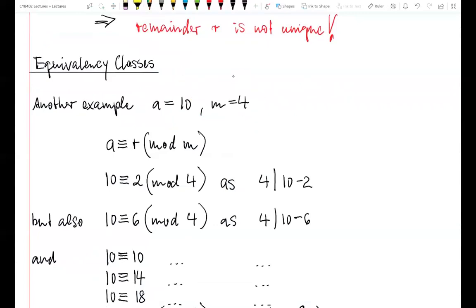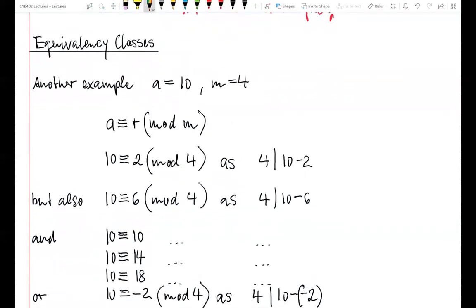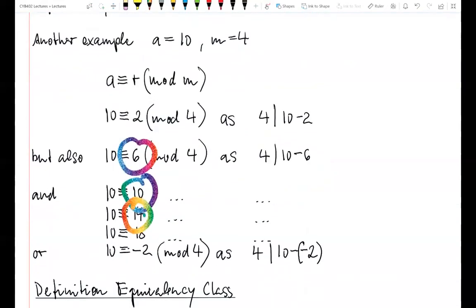So what we get here is 10 will be congruent to 2. Of course, that's the smallest positive integer, because 4 divides 10 minus 2. But our A is also congruent to 6, to 10, to 14. It's even congruent to -2 for the very same reason, because our condition holds.